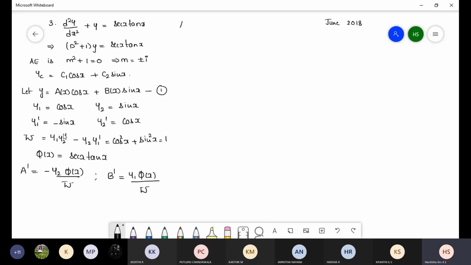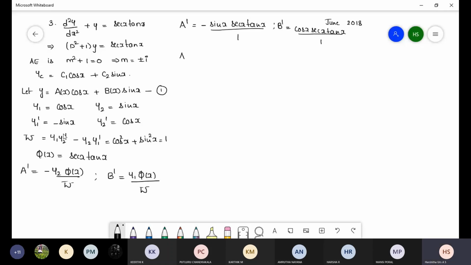Here we substitute the values: minus sin x secant x into tan x divided by w, where w value is 1. B dash is equal to y1, that is cos x secant x tan x divided by 1, because w value is 1.